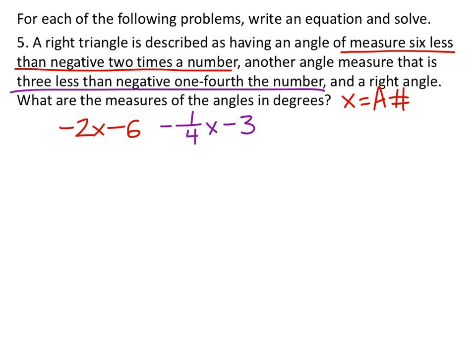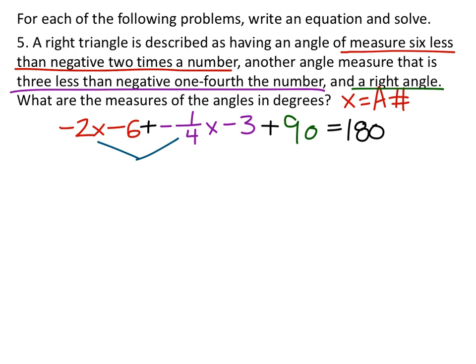And then the third angle is a 90-degree angle. This is all inside a triangle, so if I add these together, then I should get 180 degrees. So this sets up an equation for us, which is very nice. I'm just going to start by combining all my like terms. So I got negative 2x's minus 1/4 of an x.